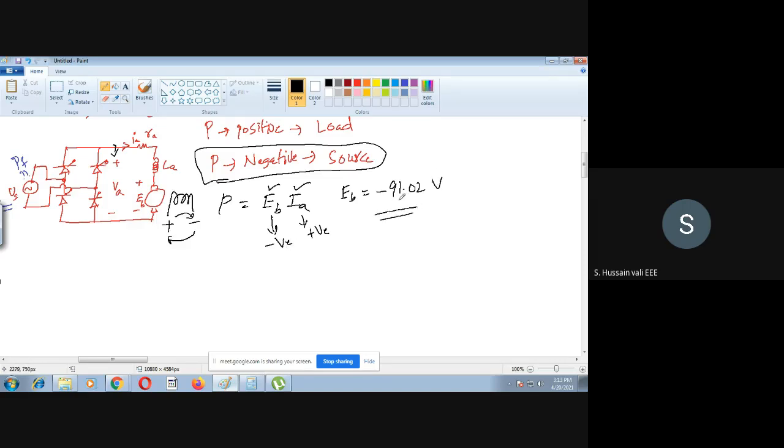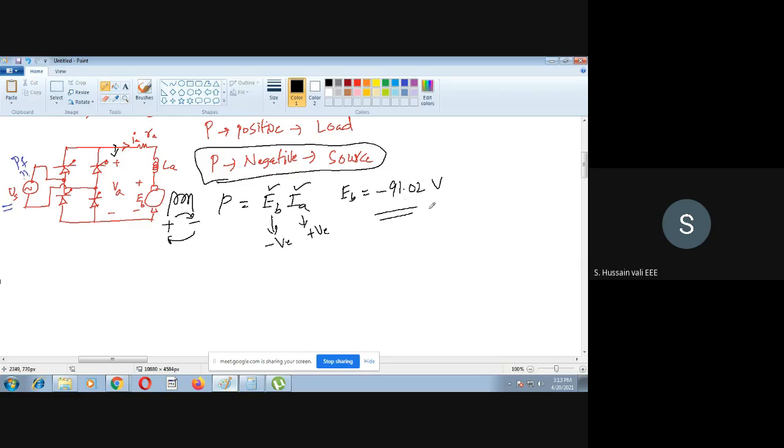I take 91.02 because this is the value you got in the motoring action, and when you suddenly reverse the field excitation terminals, EB becomes the same value but negative, minus 91.02.